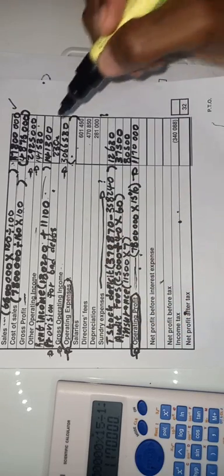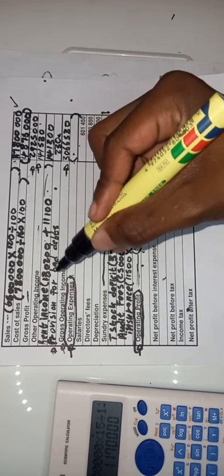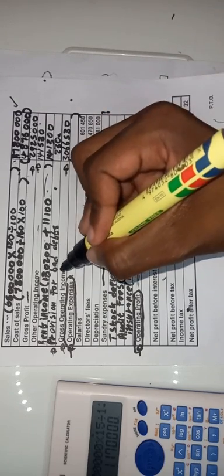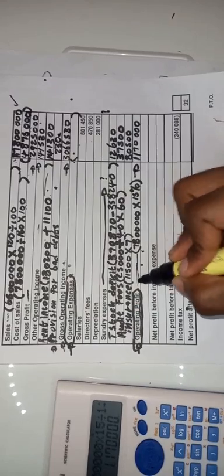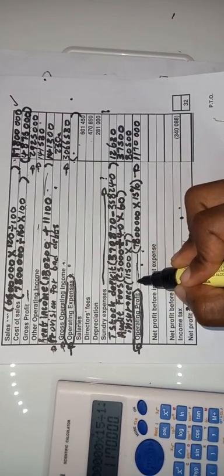So back to this. Now we are left with the operating expenses. Remember I said when we take our gross operating income minus our operating expenses, it will give us our operating profit. Do you remember that?